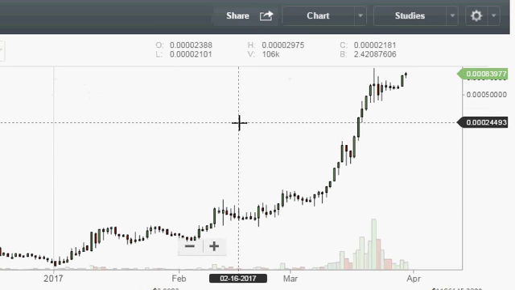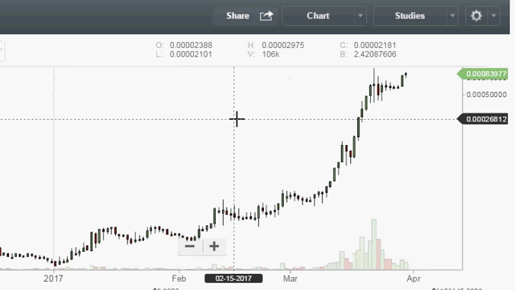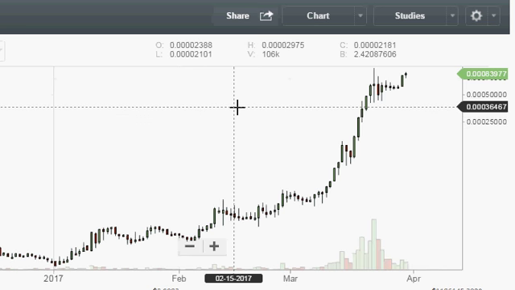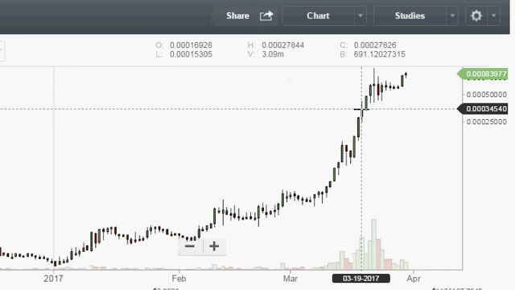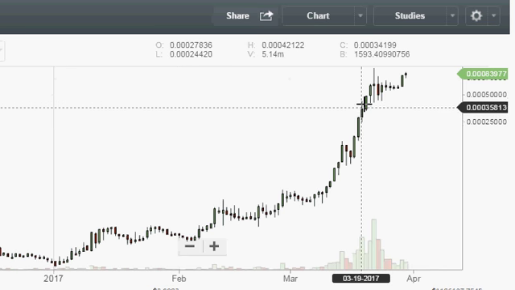24: not resistance. Nope, not resistance. 39, roughly around here. It was maybe intraday or a few hours of resistance, but it was mainly support.